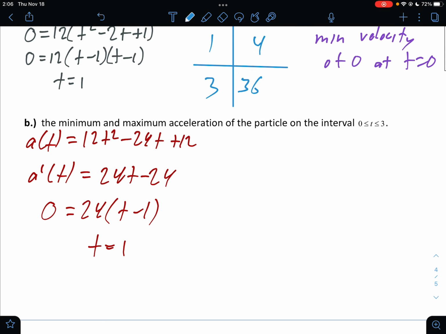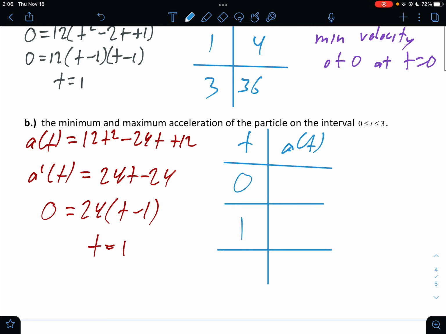So let's make our same chart that we made in the last one. T, but this time we're talking about a of t. And we got 0, 1, and 3. Placing those numbers into acceleration, the acceleration at 0 would be 12. Acceleration at 1 would be 12 minus 24 plus 12, or 0. And acceleration at 3, if you plug 3 into t there, you would get 48.